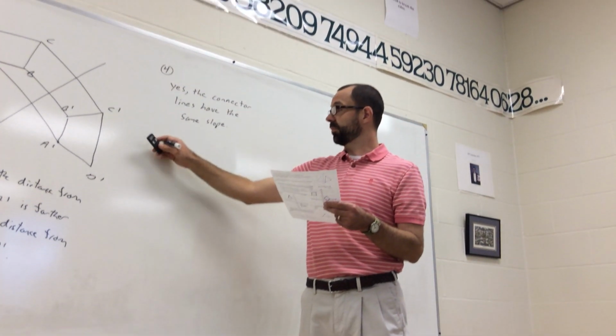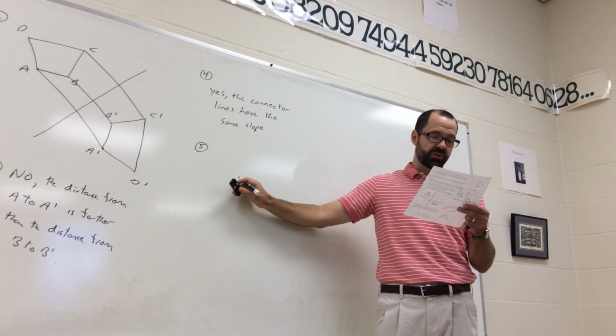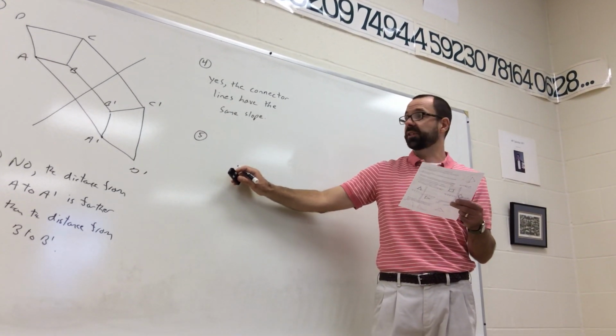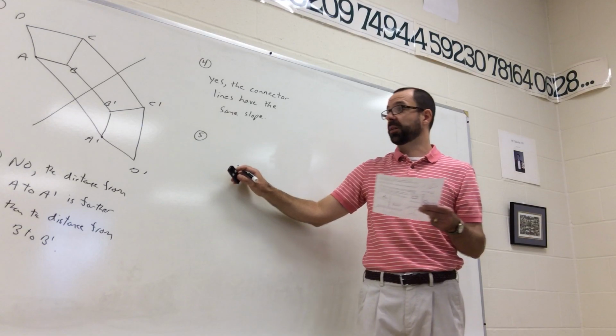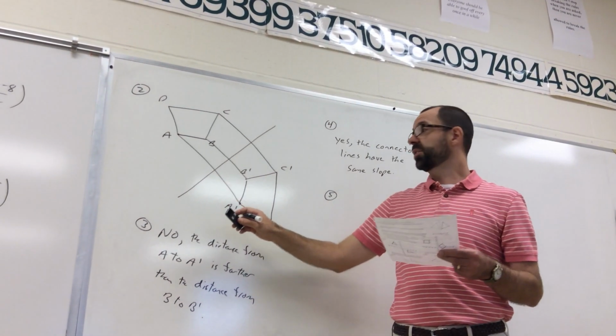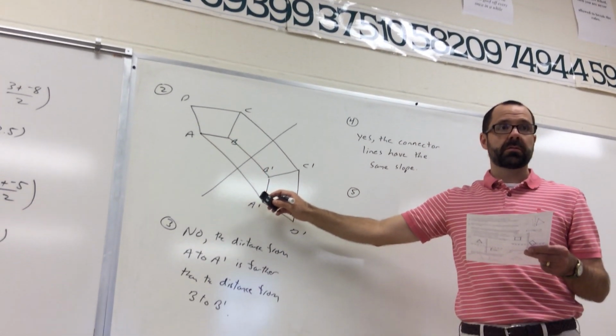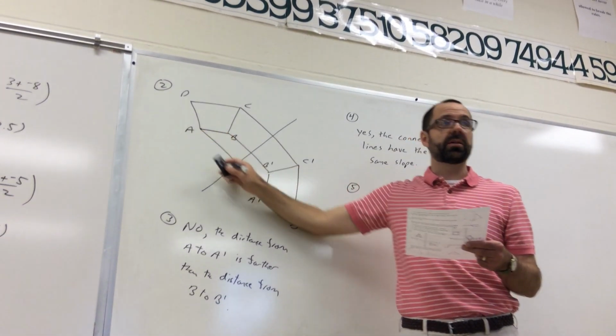Okay, so now we're to number 5. Number 5 says, what does the line of reflection do to each of the segments connecting the corresponding points? So look at the line of reflection. What does it do to this line? That's what we're going for here.